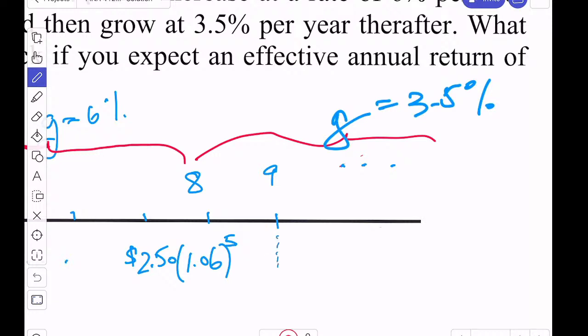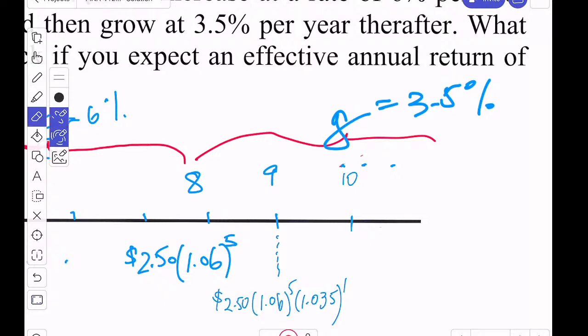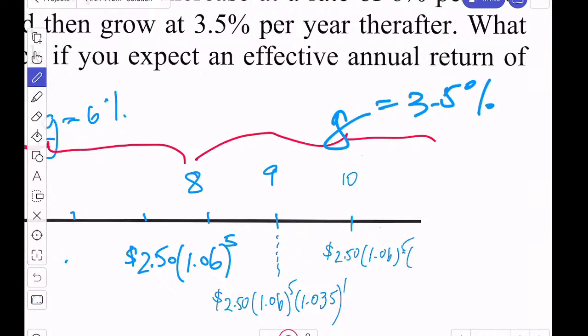So 9 would be the amount of the dividend last period times 1 factor of the new growth rate. And then 10 would be the same one that I had before in 9, but 2 factors of the new growth rate, and then this goes forever.